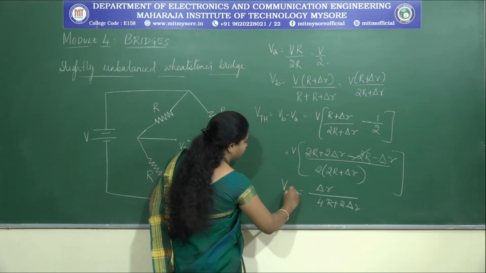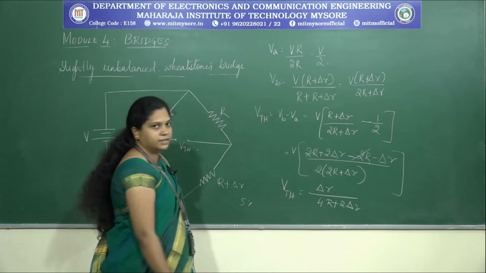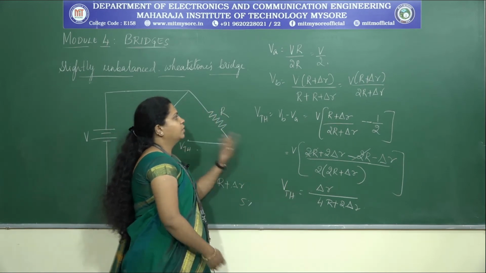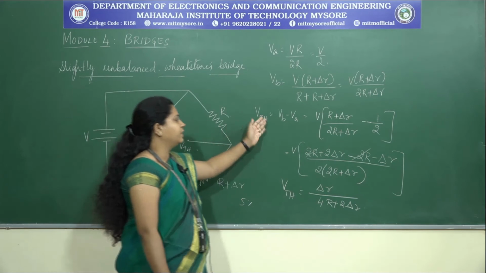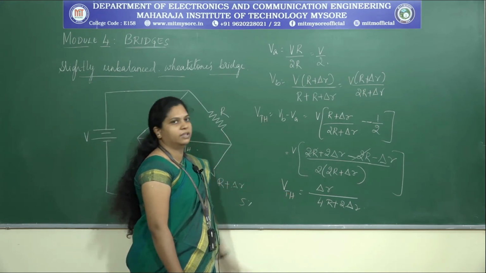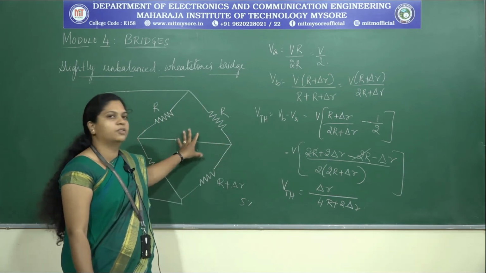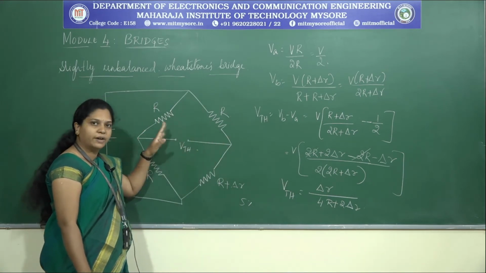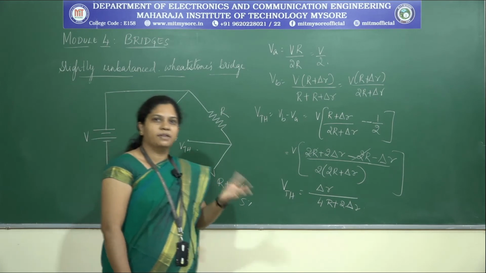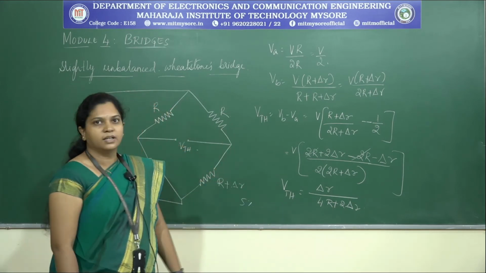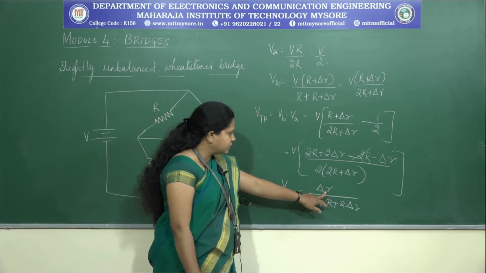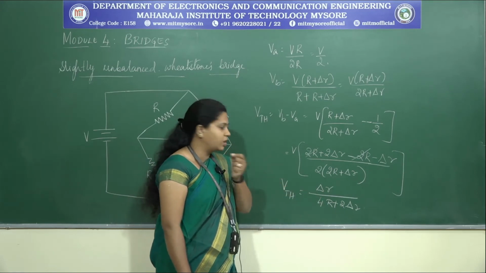This will be your V Thevenin's equivalent. You can either take VB minus VA or VA minus VB, substitute and get the V Thevenin's equivalent. Since it is unbalanced, we have to follow the same procedure of finding the Thevenin's voltage, Thevenin's resistance, then finding the current. See, in the denominator, if it is 5% change, it means a very small value.